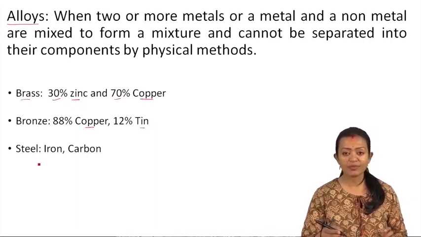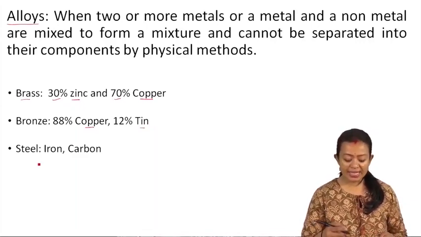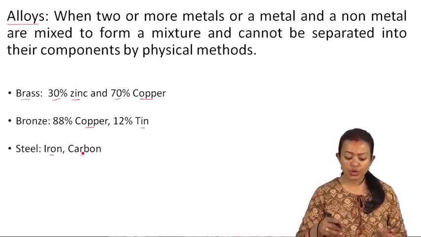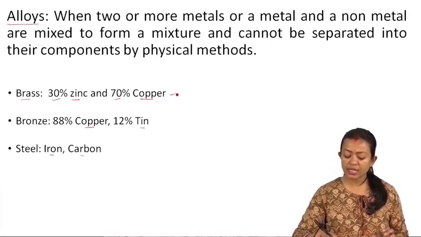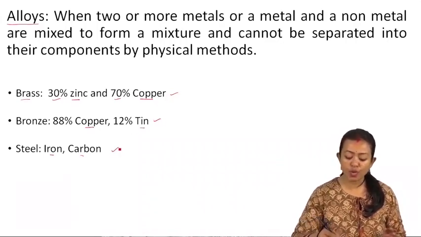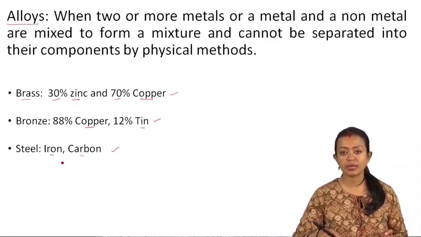The next is iron, which is a very strong alloy, and it is a combination of a metal and a non-metal. We can also have molybdenum and chromium in this mixture. So through these examples, you understand that an alloy is basically a mixture of two or more metals, or a metal and a non-metal, such that they combine together to give a new entity.